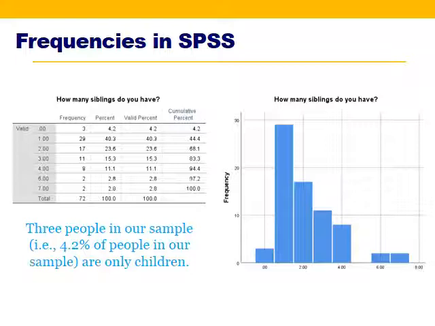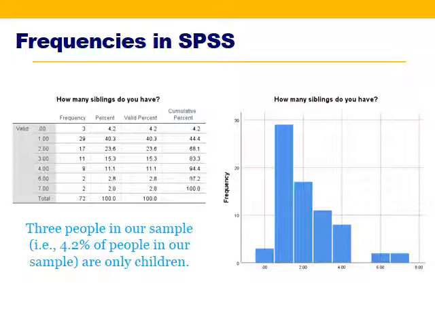And then above that, for each number of siblings, we have the number of people in the class who have that number of siblings. So there were 3 people in our class who have no siblings, in other words, are only children. There were 29 people in the class who have only 1 sibling, 17 people who have 2 siblings, etc., etc., all the way up to there were 2 people in the class who actually have 7 siblings.